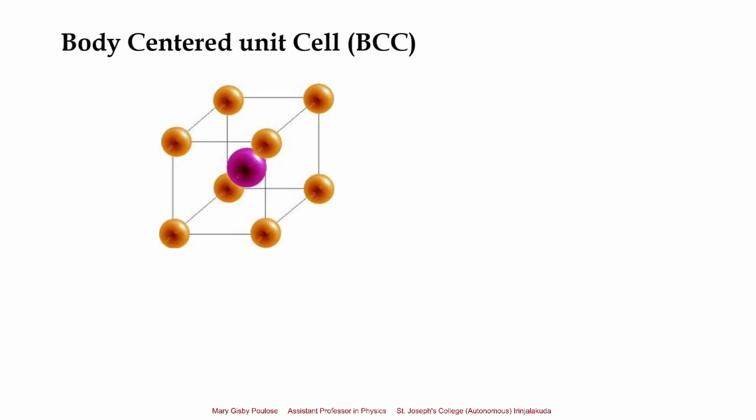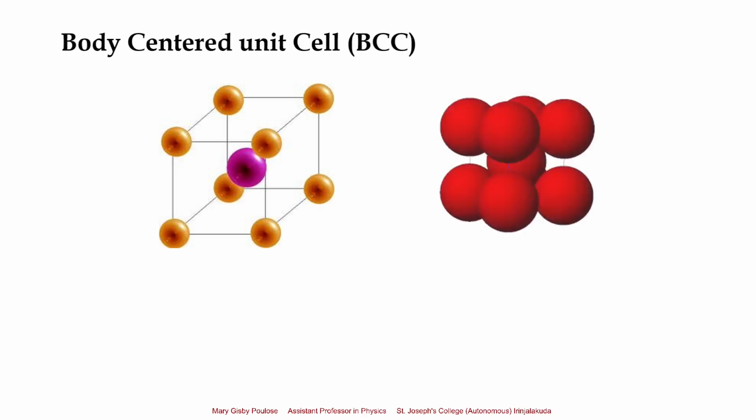Now the next type of unit cell is the body-centered unit cell, BCC. This is the structure of the body-centered unit cell. Here, the atoms along the diagonal will be touching each other. That is, we have 8 corner atoms and a single atom placed at the body center of that unit cell.